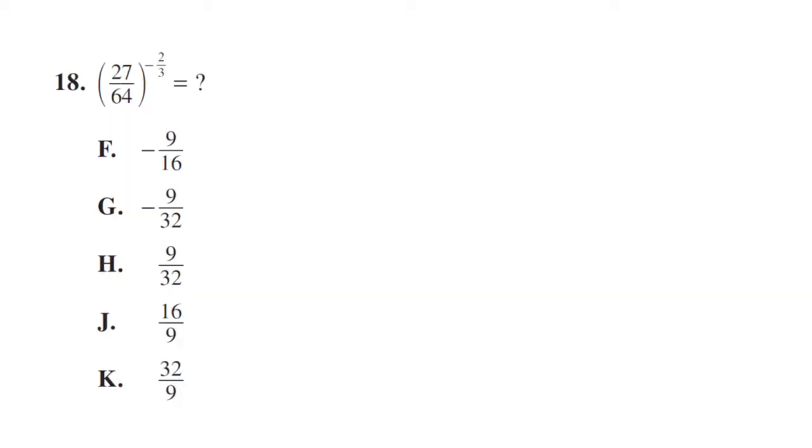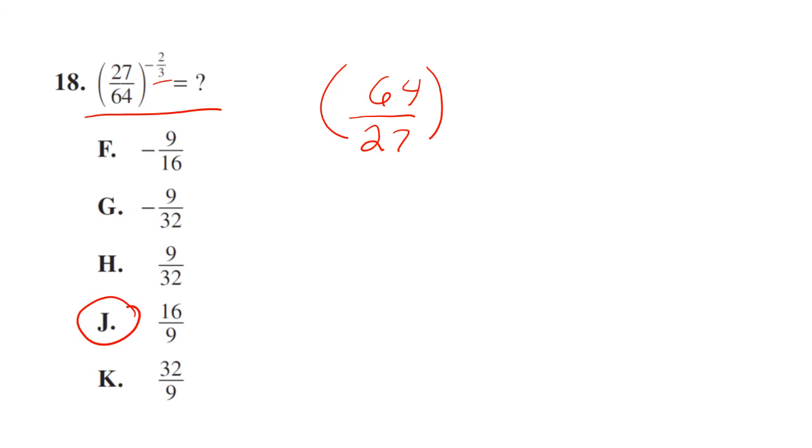I am 100% going to advocate just putting this in your calculator and pressing enter and seeing what you get. If you do, you get J. I think that's the fastest way to do this one. If you don't have a calculator, you want to change this to positive, so it becomes 64 over 27 to the 3 over 2.